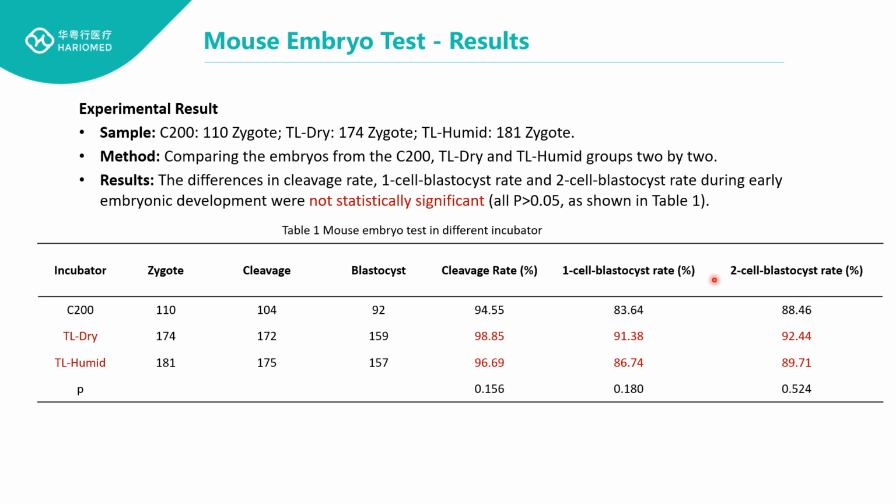And also for the two-cell blastocyst rate, the time-lapse dry mode will be 92%, and for humidity it will be 89%. And the P value will be significant compared with C200.